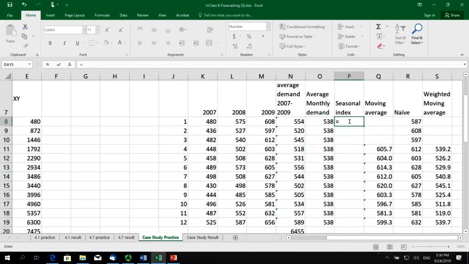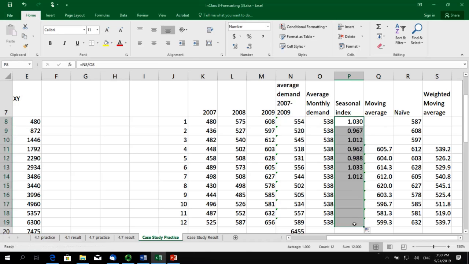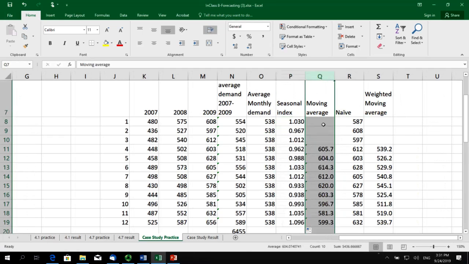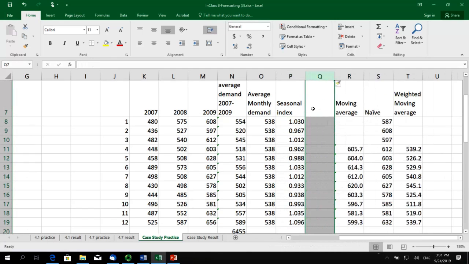Now we can calculate the seasonal index equals the average demand using the historical data divided by the average monthly demand. Now we can get all of the seasonal information. So with this, we can find out the demand forecast.